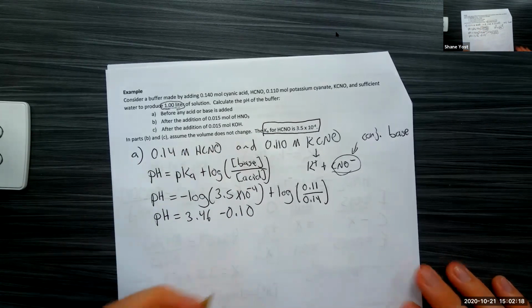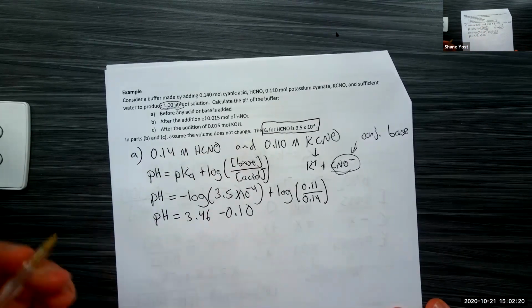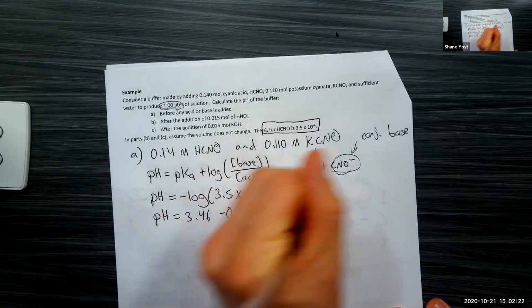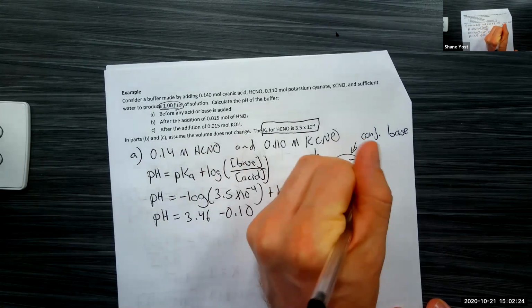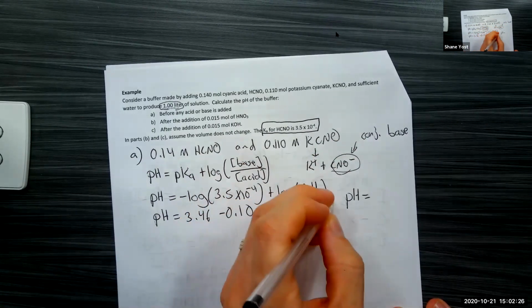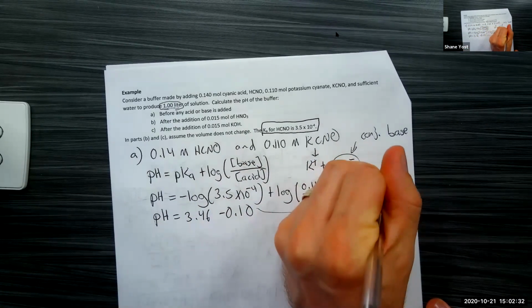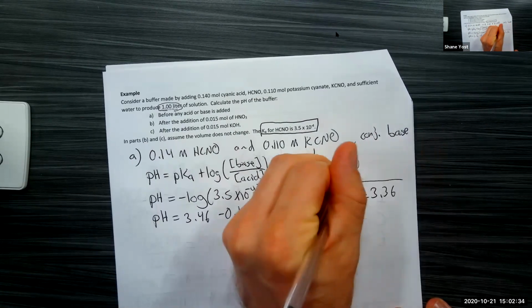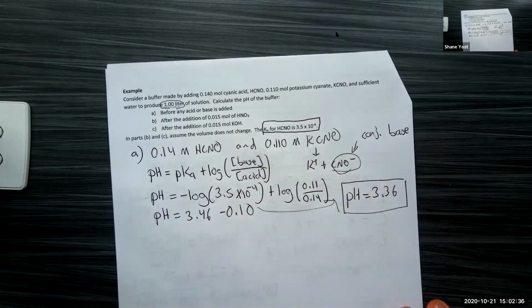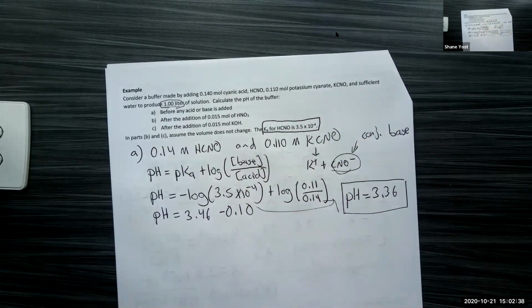So 3.46 minus 0.10 gives us a pH of 3.36. That is the pH of our buffer solution.